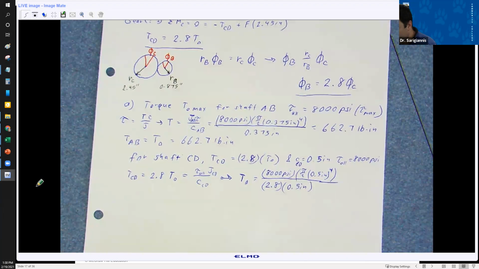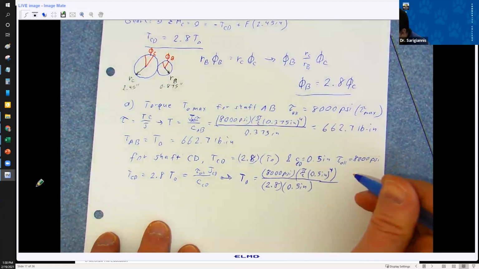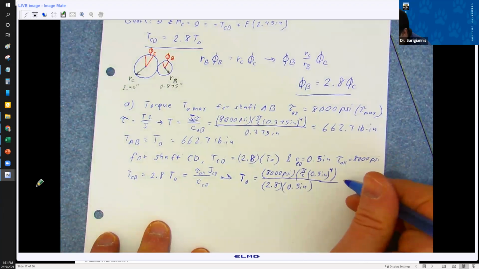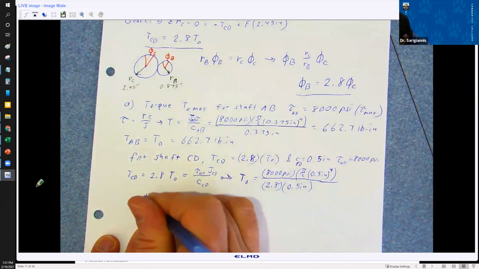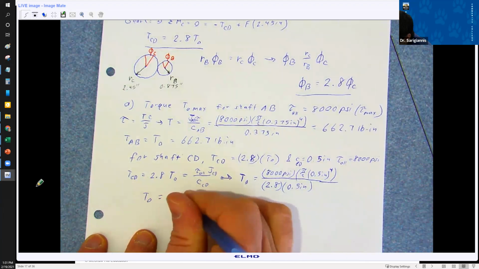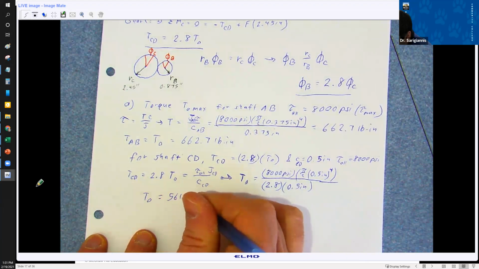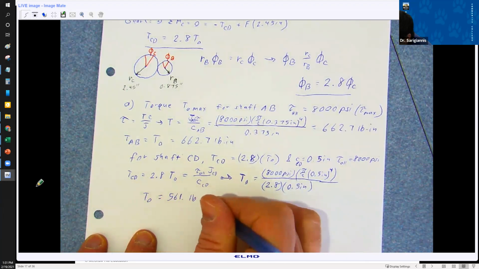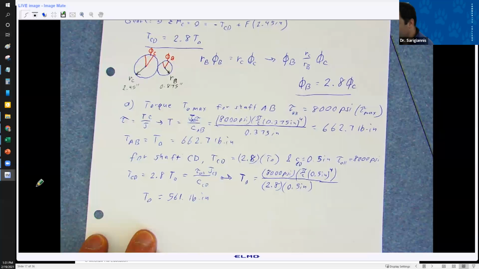Right, so just rearranging this, this gives me T naught equals 561 point, oh, it looks like I didn't carry any more decimals. 561 pound-inch.